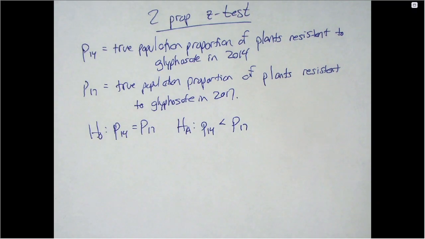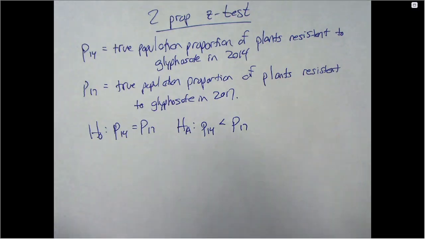There are actually several ways you can write this, and it doesn't matter which one you choose: P14 is less than P17, P17 is greater than P14, P17 minus P14 is greater than 0, or P14 minus P17 is less than 0. Those are all the exact same thing, which is kind of annoying. But whatever makes the most sense to you is what you use. You might see it different on multiple choice, where they're presenting the problem, but if you're choosing, pick the one that makes sense.